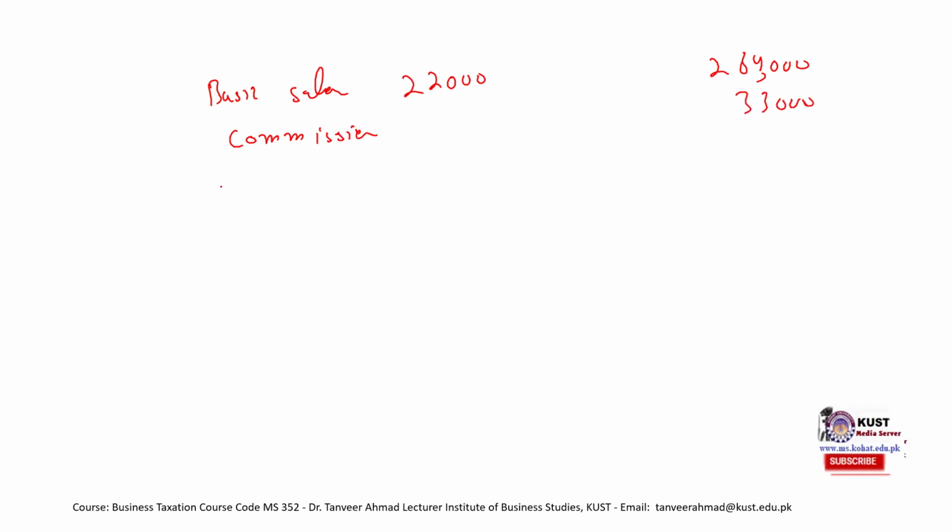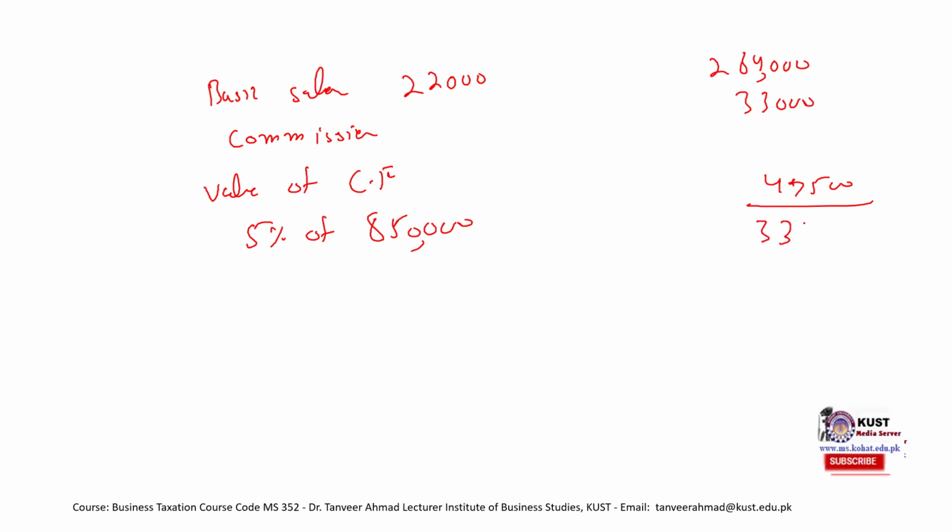Then we have value of conveyance facility. So 5% of market value is 8,50,000, and this would be 47,500. So the total amount is 3,39,500. Sorry. So this amount is taxable income. We would have to pay tax on this amount.